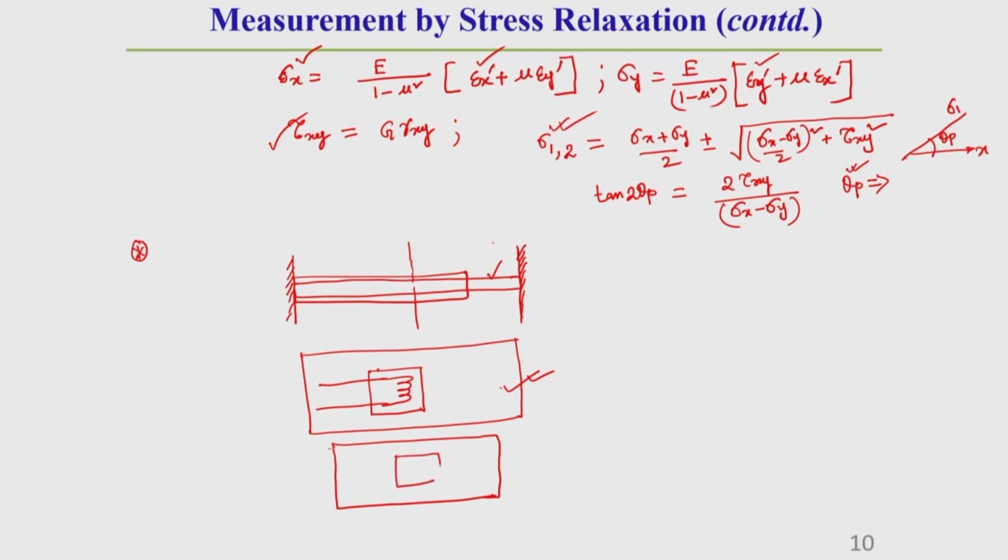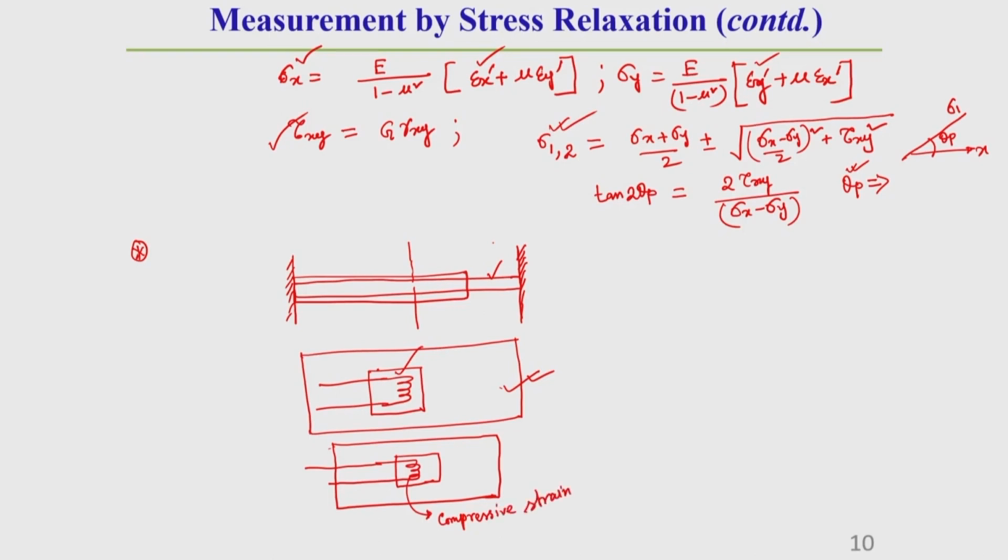So, the strain gauge wire will also be subjected to a shortening effect. This strain gauge will provide you compressive strain.